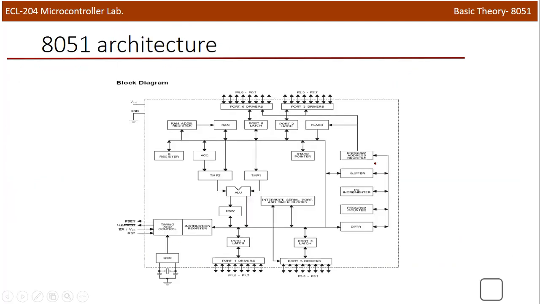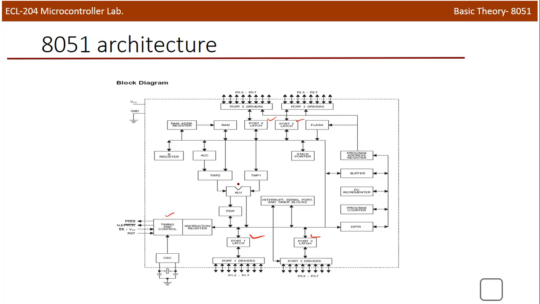Now we'll see the detailed diagram, but I am not going to explain all these things. This is the exact architecture or internal diagram of 8051. Previously we discussed a very basic unit. Here you can see ports 0, 2 and how they are connected, port 1, port 3, the timing and control unit and the oscillator part.